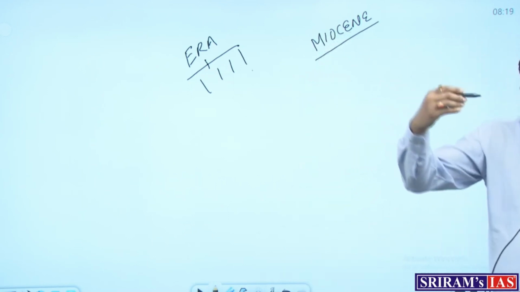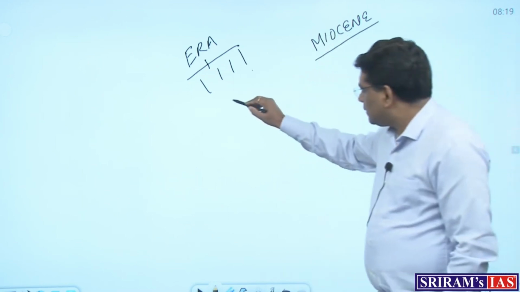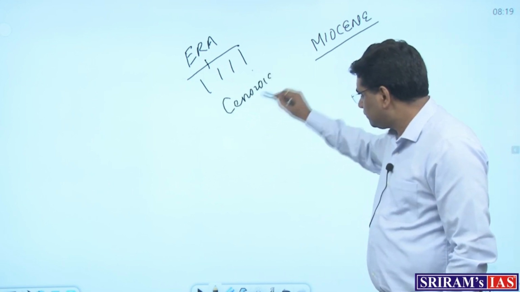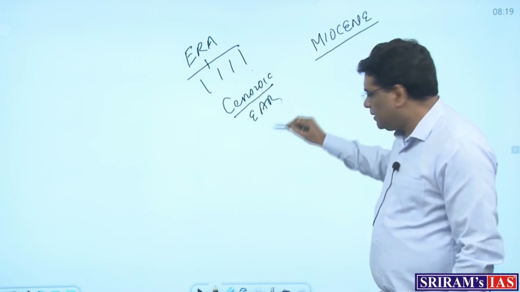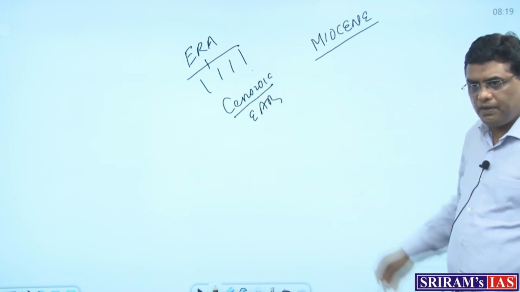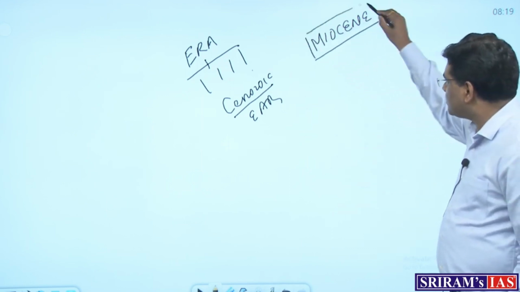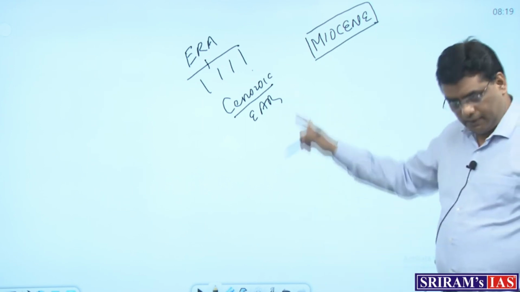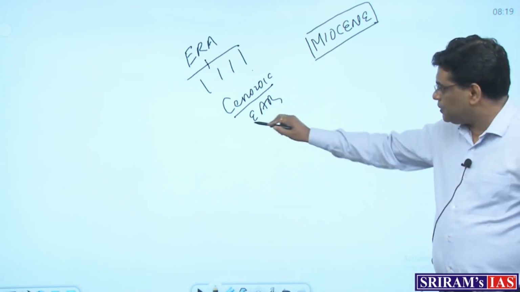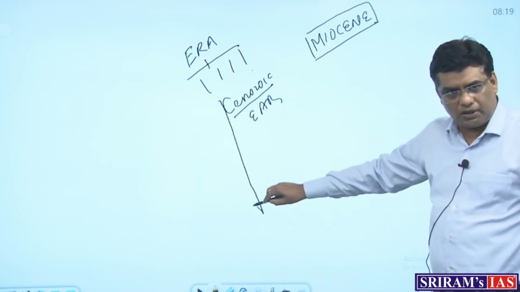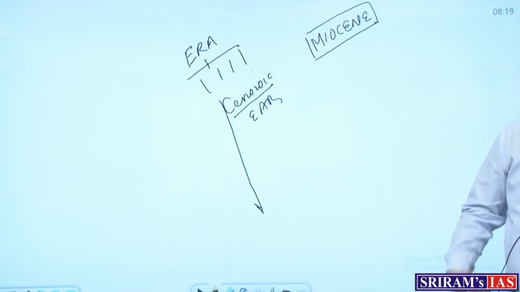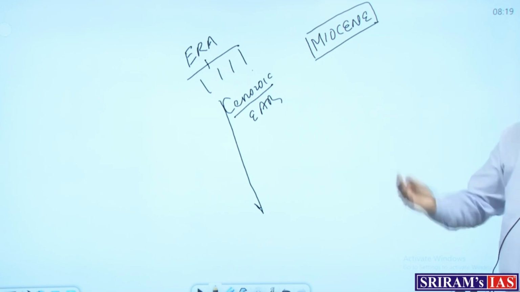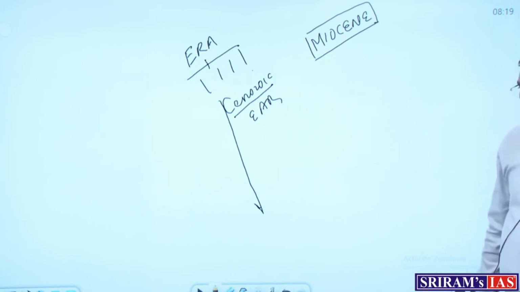There is the Cenozoic era, and in the Cenozoic era there are so many periods. We are living in the Cenozoic era right now, the continuation is the Cenozoic era, and the period is different. There are so many periods: Paleocene, Eocene, Oligocene, Miocene, Pleistocene, Holocene.